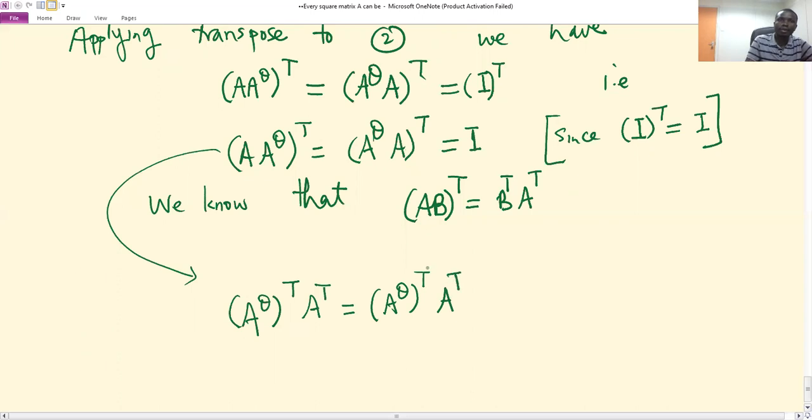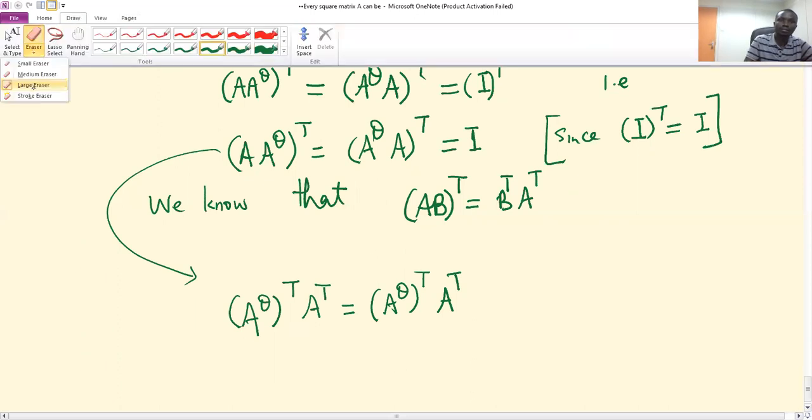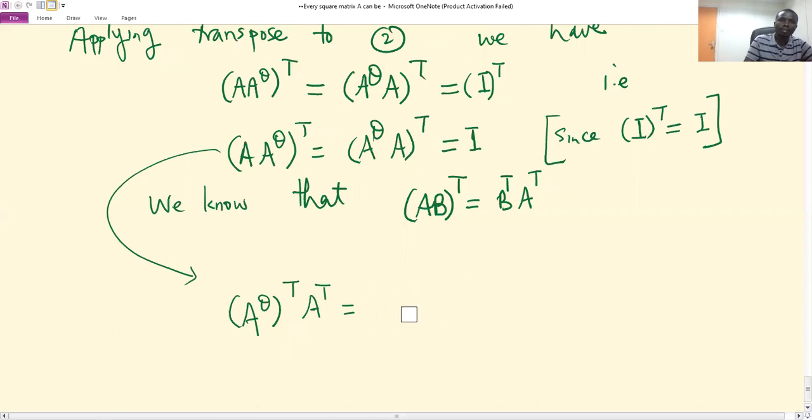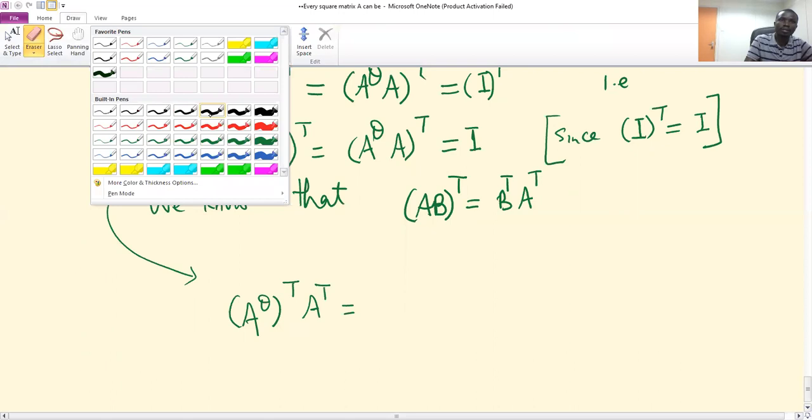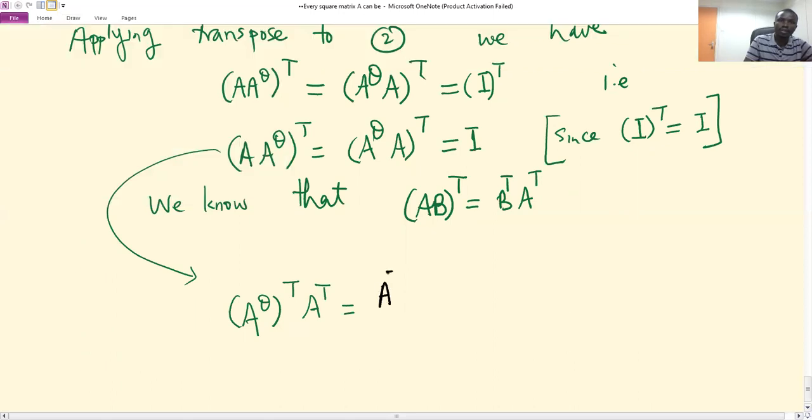Okay, so this would be now A transpose, and the second equality will be A transpose and then A power theta transpose equals I. That's by definition.